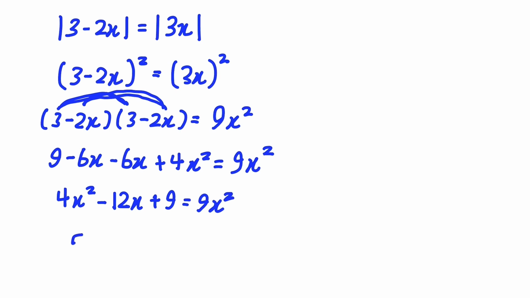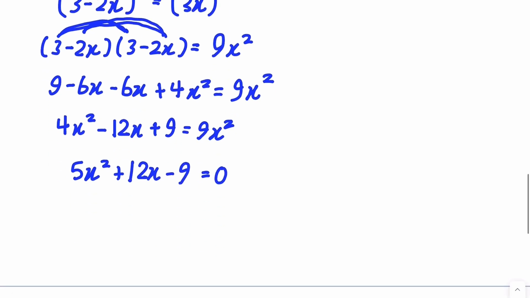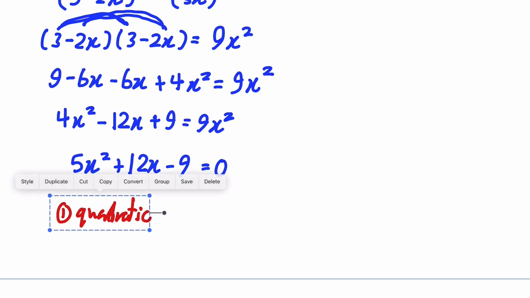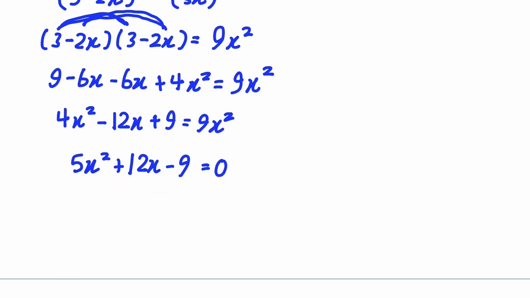So it will be 5x squared plus 12x minus 9 equals 0. So you could use the quadratic formula, or factorizing, or the other methods of solving a quadratic equation, but I'll just use a calculator for simplicity, but make sure to write the working out.